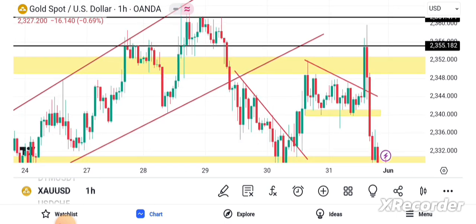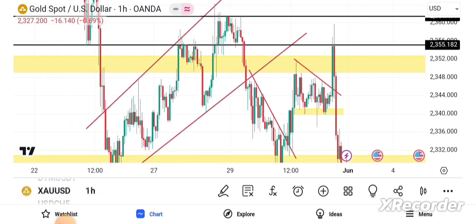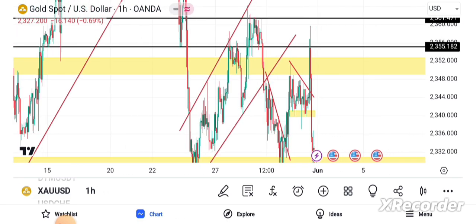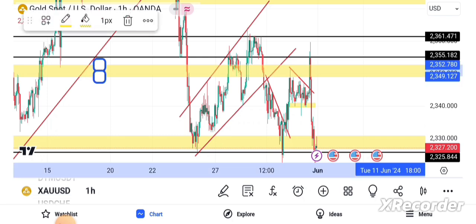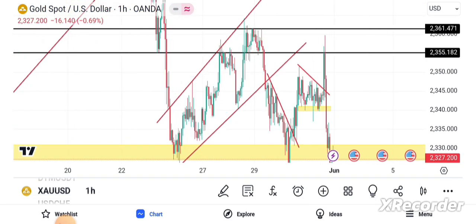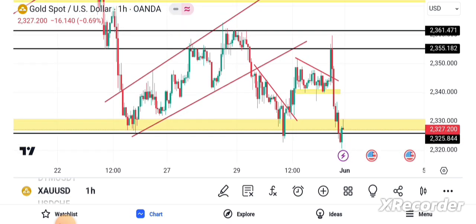So we pay attention to what's really happening here. I'll be taking out my zone here and working with what I have here now. So this is how price moved and reacted before dropping.